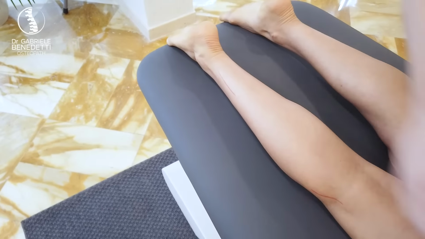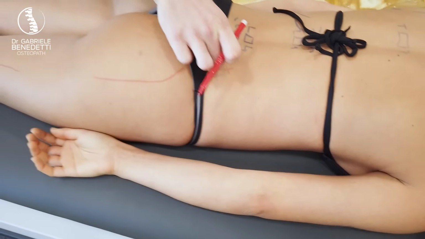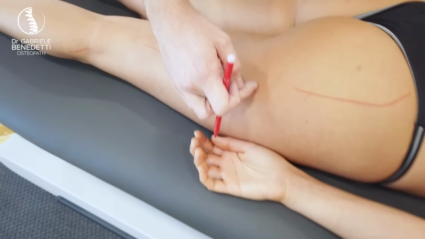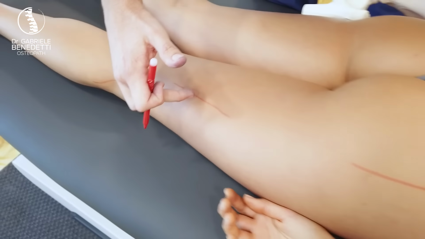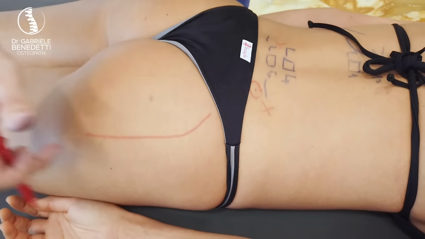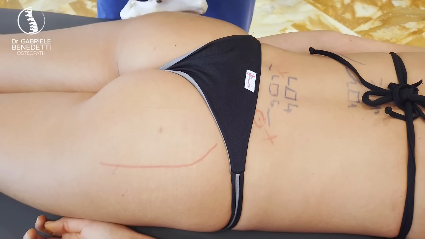So we can feel, because of a compression here on the lumbar spine, some pain going down our leg and toward our foot. It's very important because this is the sciatic pain. It's very hard pain.